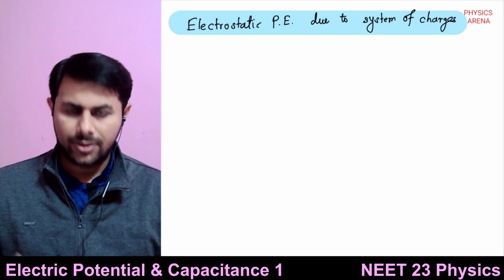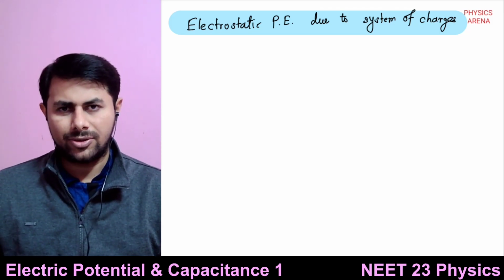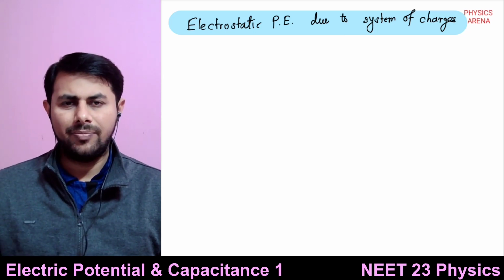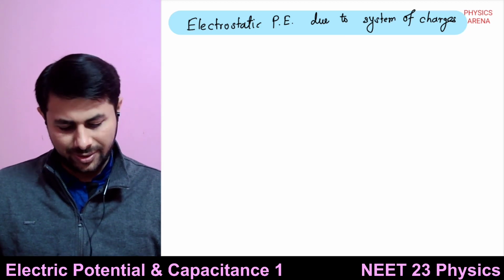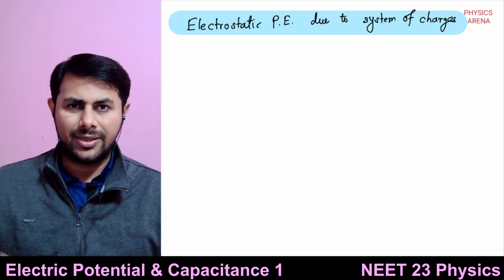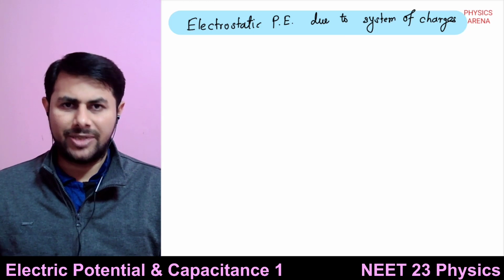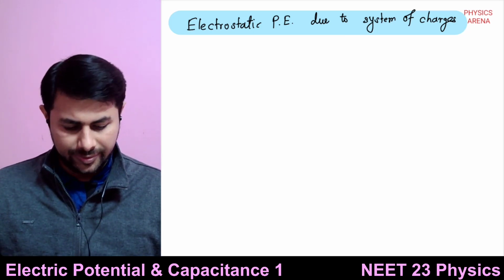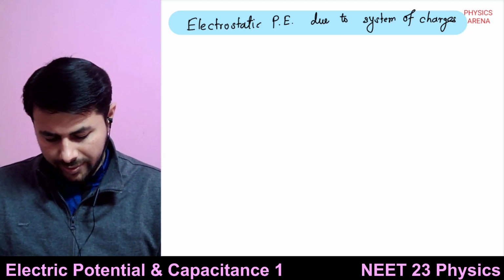And here two cases will come. First one is in absence of any external electric field, and second one is in presence of some external electric field, right? There can be an external electric field present in the space, or it might be absent. So suppose there are only n charges and you have to find out the potential energy.